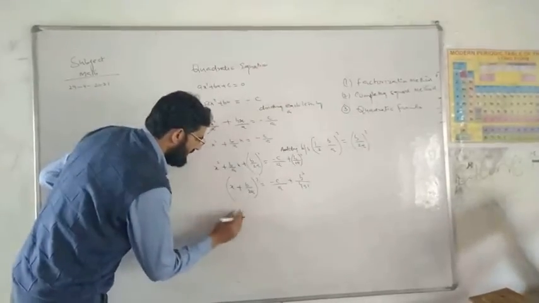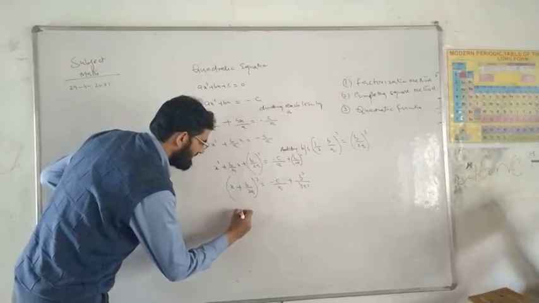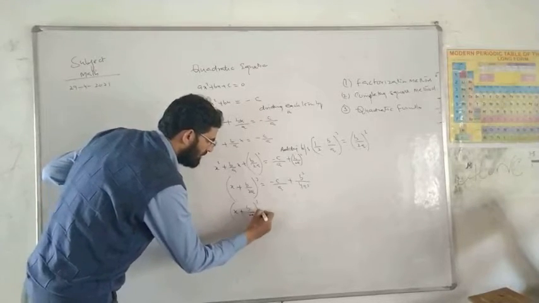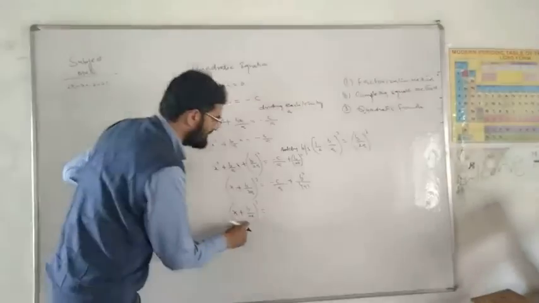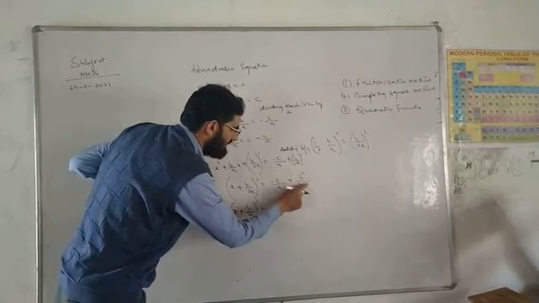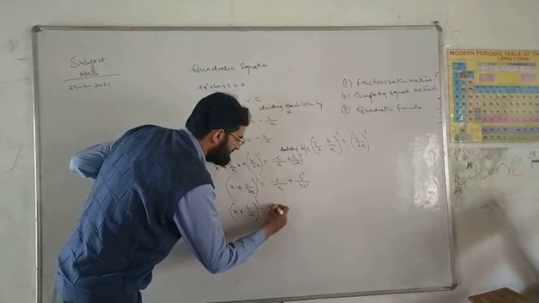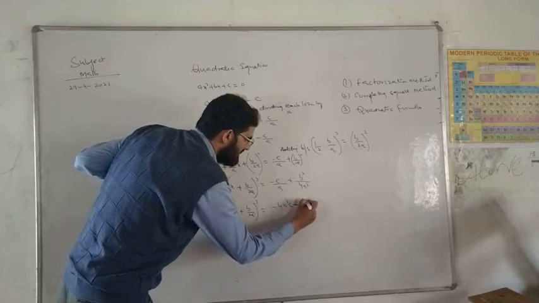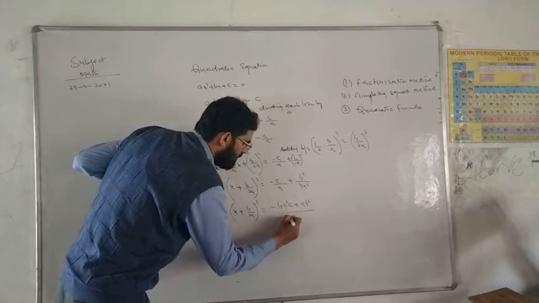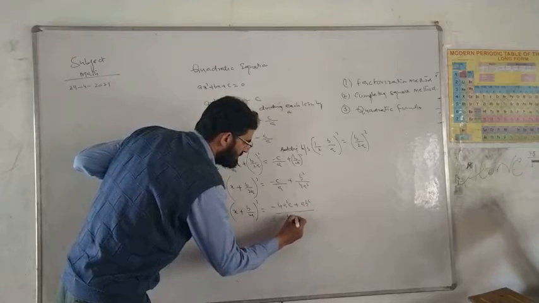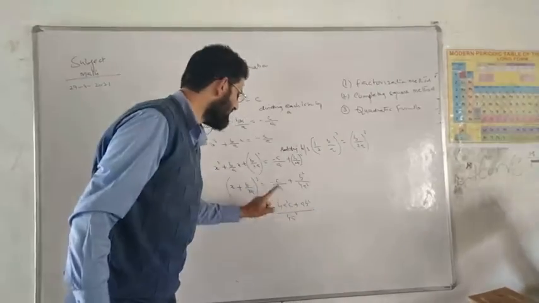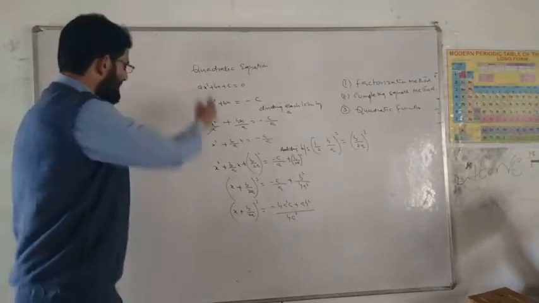So proceeding further, x plus b by 2a whole square is equal to, by cross multiplying, this is minus 4a square c plus ab square, over 4a cube.